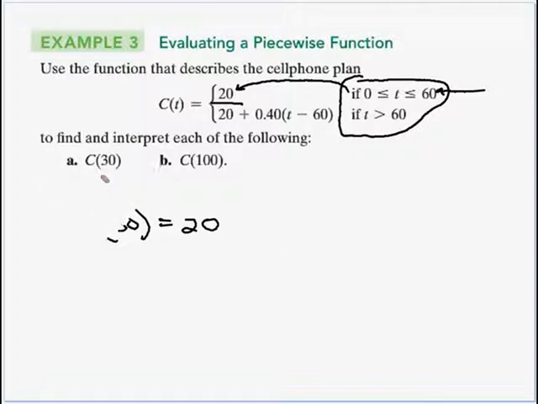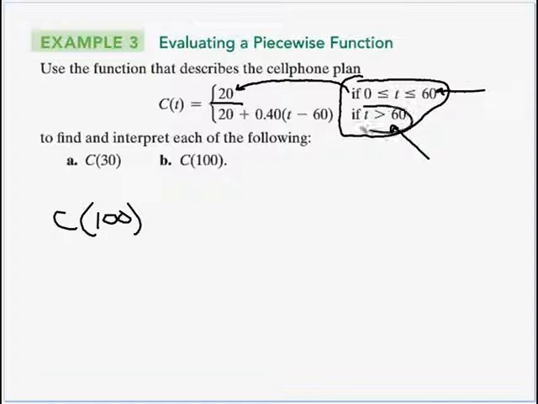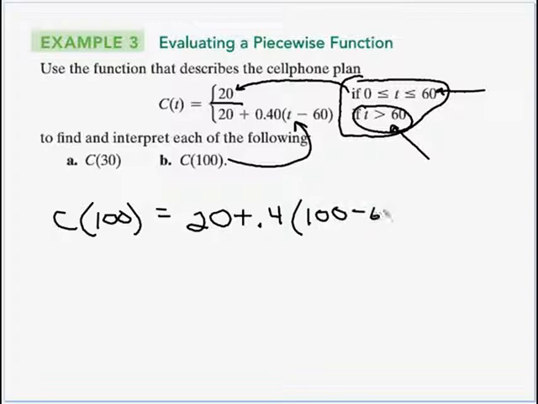The next one is c of 100. So 100 is greater than 60. So this 100 is going to go into the second piece of the piecewise function for this t. So that's going to be 20 plus 0.4 times the quantity, 100 minus 60.